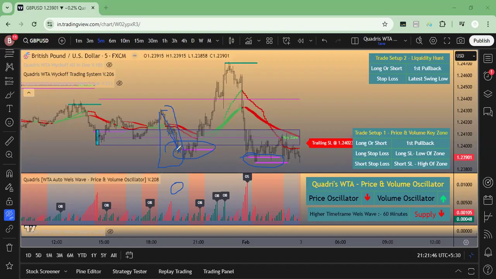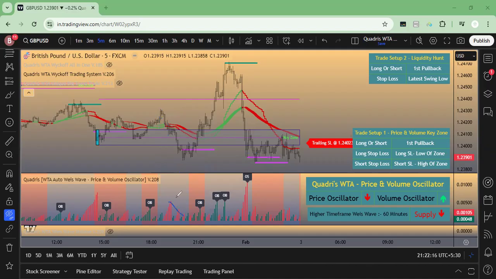So there would be 10 or 12 candles, yes, 12 candles, which would be making a 1 hour candle. So this entire 1 hour candle is showing us demand, but the price was coming downwards.